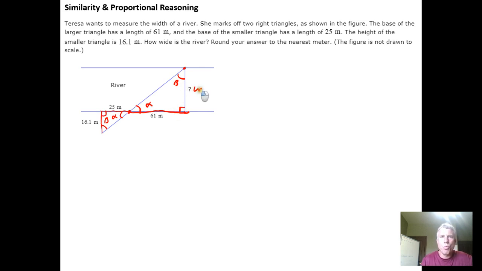So if I want to know the width of the river, it's simply going to be the distance from here to here divided by the measurable distance from here to here, 61 meters, is going to equal the distance from here to here, 16.1, so corresponding lengths, divided by the distance from here to here, 25 meters.